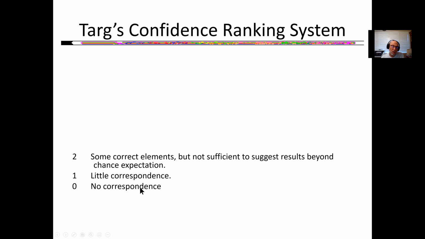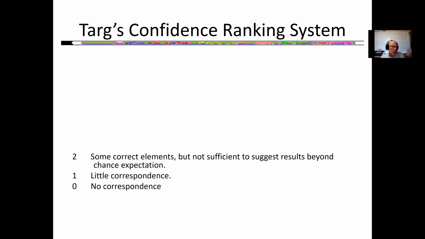It turns out that's rare. If you've got a 1 or 2 page transcript with some stuff on it, usually there's something that you could say matches, but not always. 1 is a little correspondence. 2, yeah, you got some correct elements, but not sufficient to suggest results beyond chance expectation.